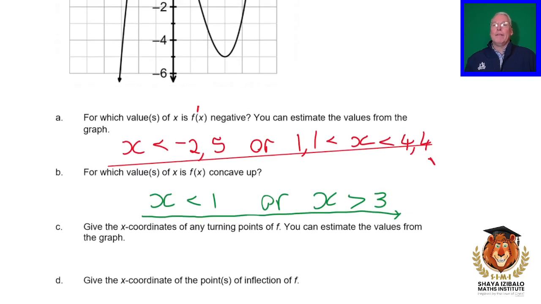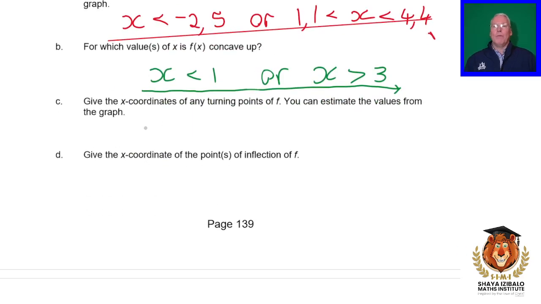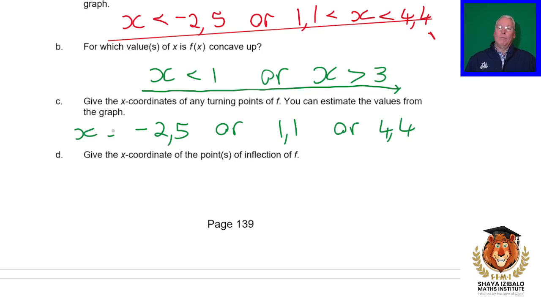Then it says give the x coordinates of any turning points. Those will be at these values here because that's where the gradient is 0. So we're just going to use the same values that we used before, -2.5, 1.1 or 4.4. So x will be equal to those values.